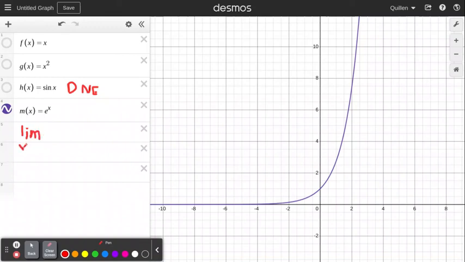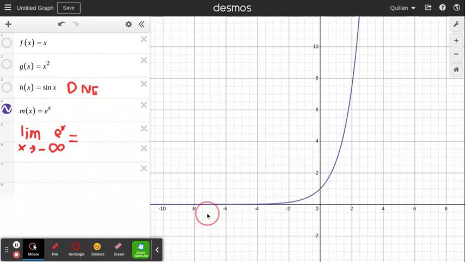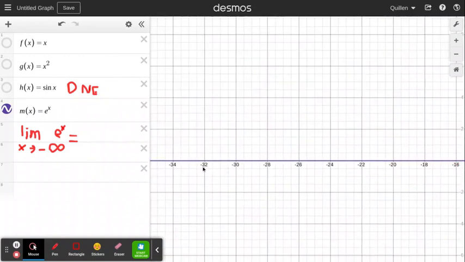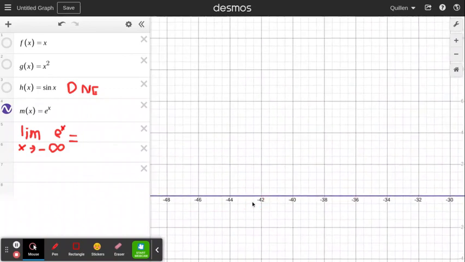So the limit as x goes to negative infinity, and this pen's a little big, so it's going to be ugly, of e to the x equals, and now let's look at the graph, see what it equals. Well, if we go in this negative direction forever, what value does it look like we're going to get to? That's 0. We're asymptoting at 0. So that means that it equals 0.